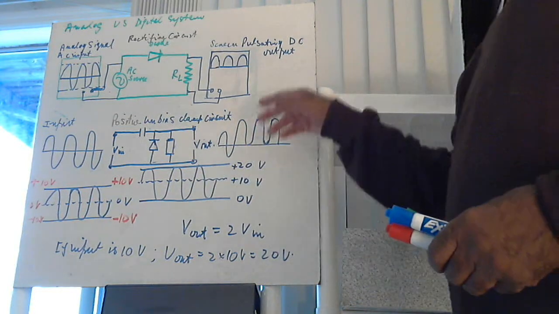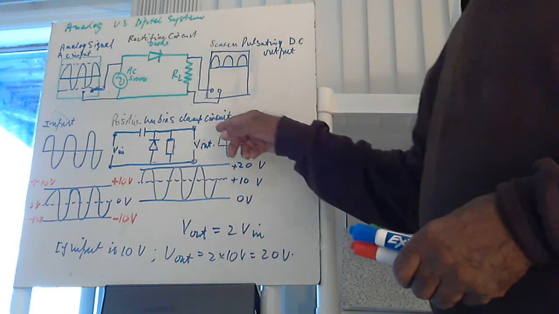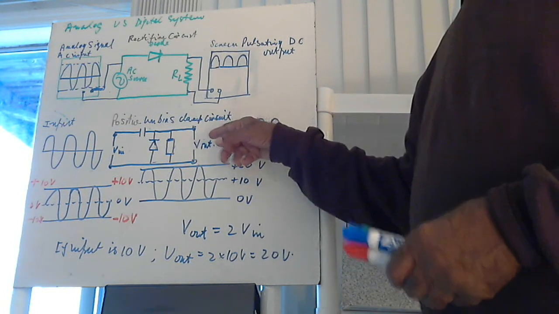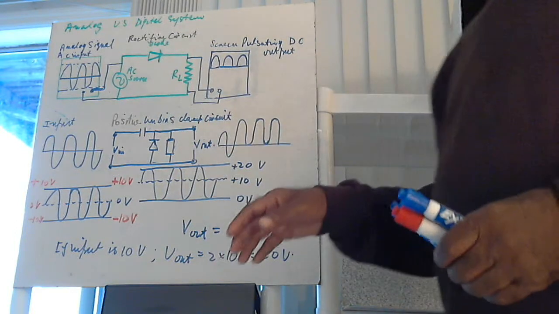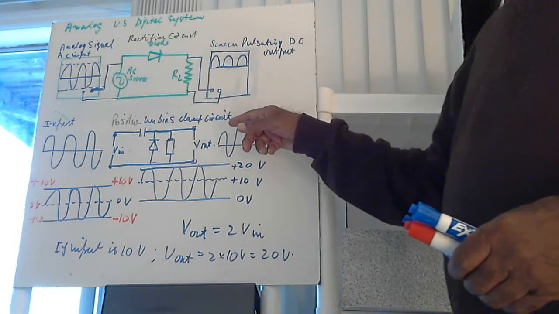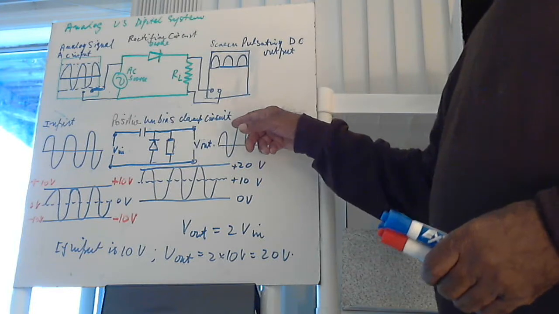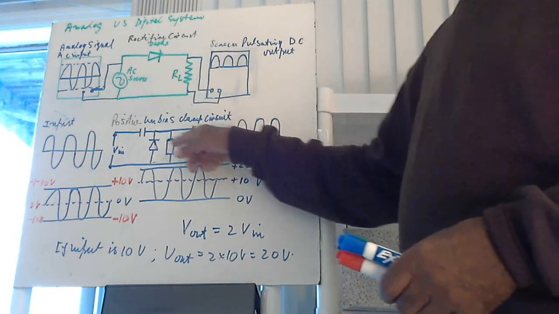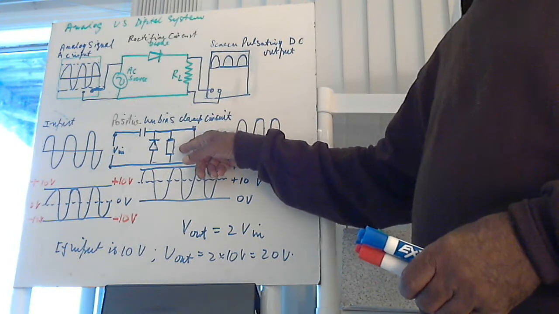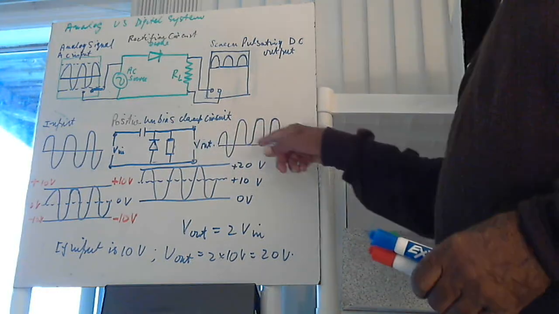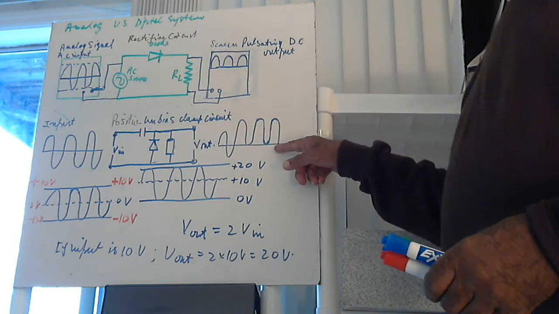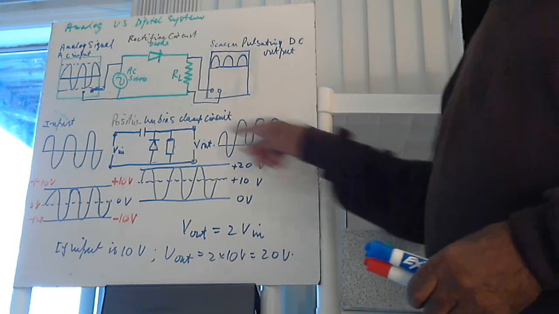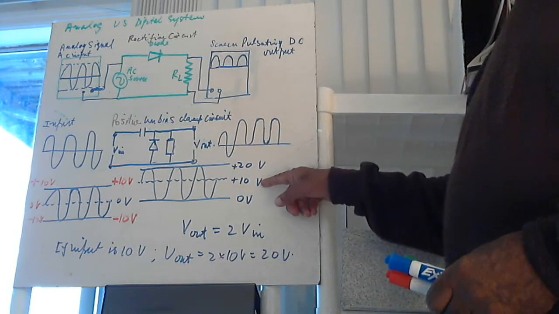So during the positive cycle, the diode is now reverse bias, and it does not conduct. So the voltage that comes out is equal to the voltage in plus the amount in the capacitor, which gives you 2 times the amount you put in. The amount out is 2 times the amount in, and that is represented here.